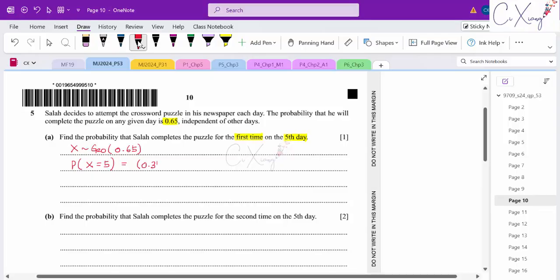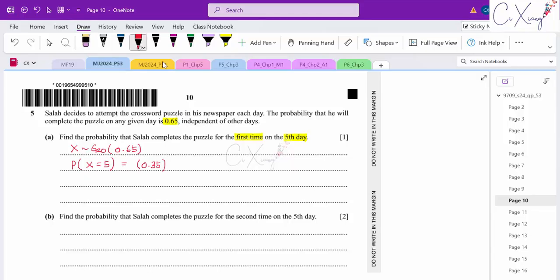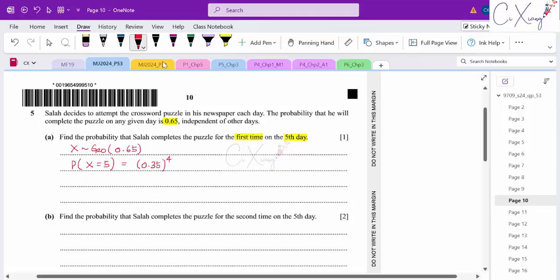So 0.35 for the first day, 0.35 for the second day, 0.35 for the third day, and the fourth. Therefore, usually we write 0.35 to the power 4, which is r minus 1, then multiply with 0.65. If you use a calculator, you should have 0.00975, correct to 3 significant figures.